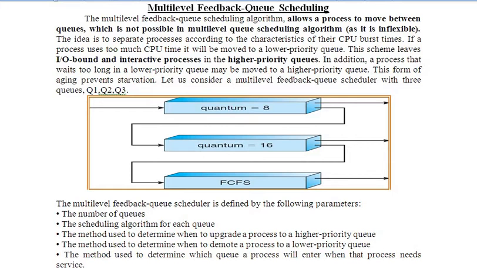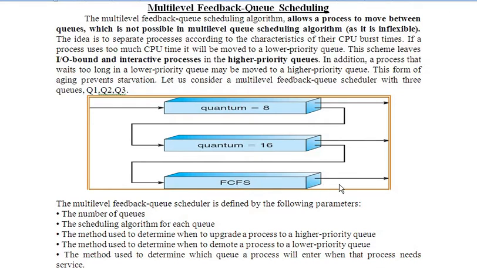The next is a process which takes equal to or less than 16 milliseconds will be executed here. If a process takes more than 16 milliseconds, say for example 20 milliseconds, then 16 milliseconds of CPU will be given to the process which takes 20, and the remaining 4 will be sent to the next queue, which is FCFS. Here all processes will get a chance of CPU, but at the end.